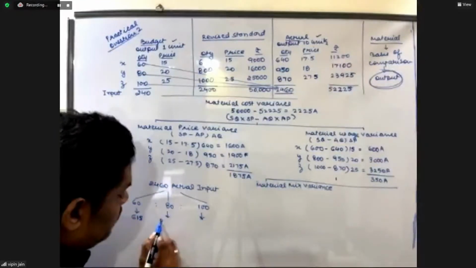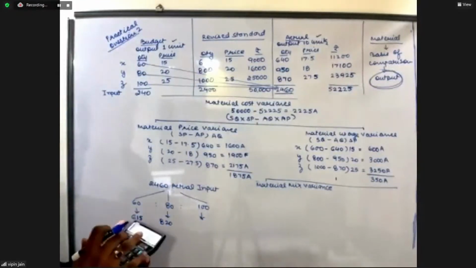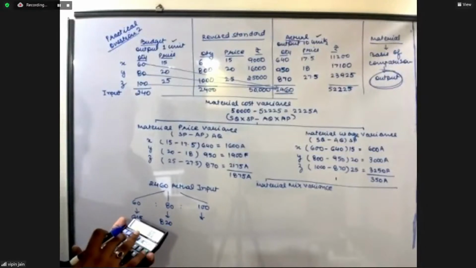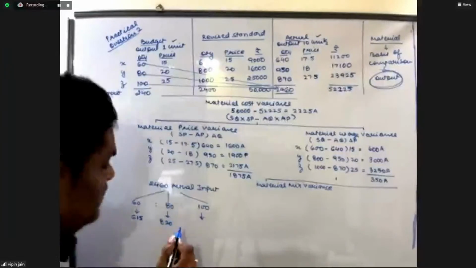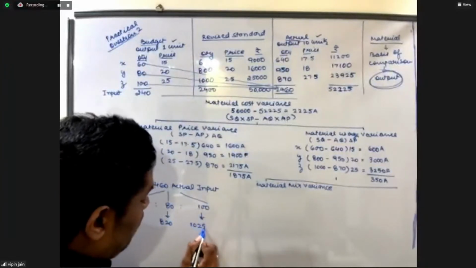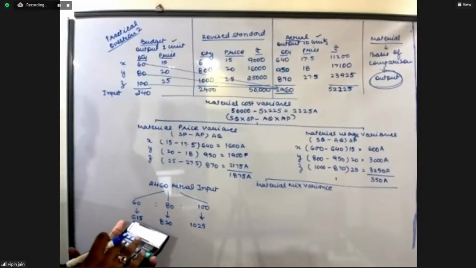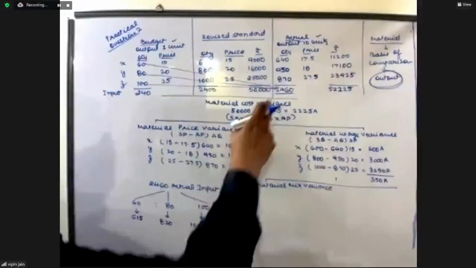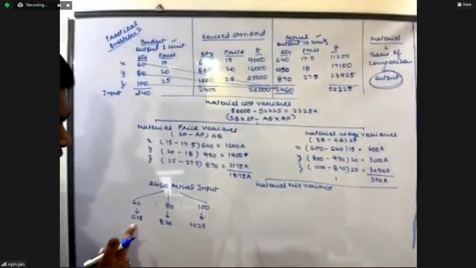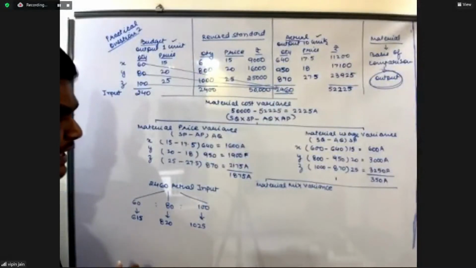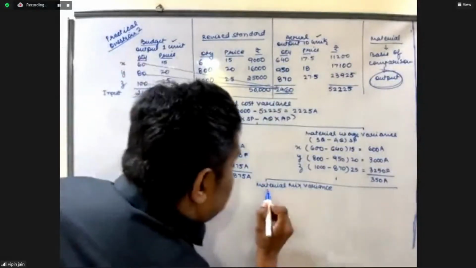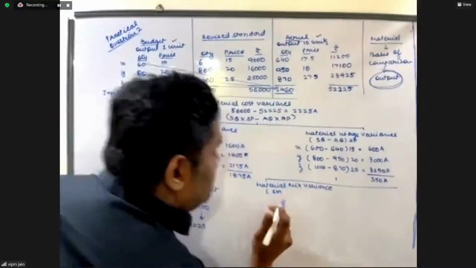This will be 820. This will be 1025. So this 2460 should be in the ratio of 615, 820 and 1025. So this should be my standard mix.